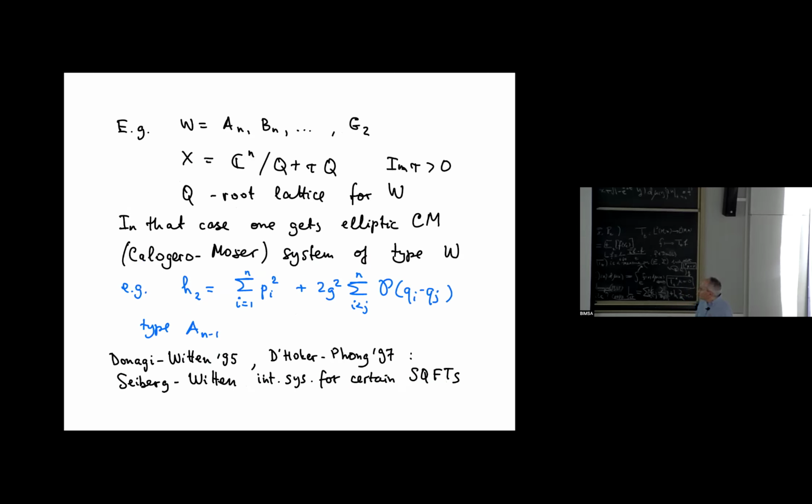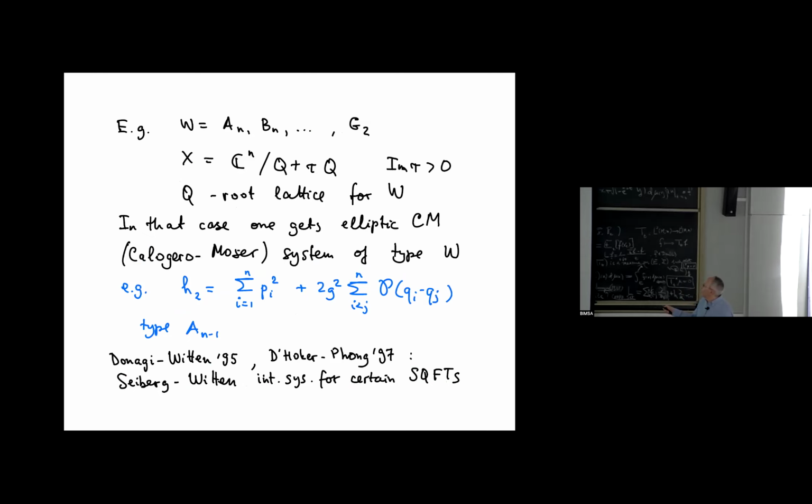So, coming back to what Bart asked: if you have a usual real crystallographic group, then you can consider this abelian variety where you take the root lattice and double it using a complex number tau.